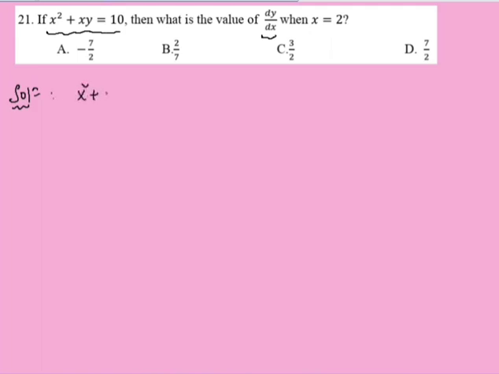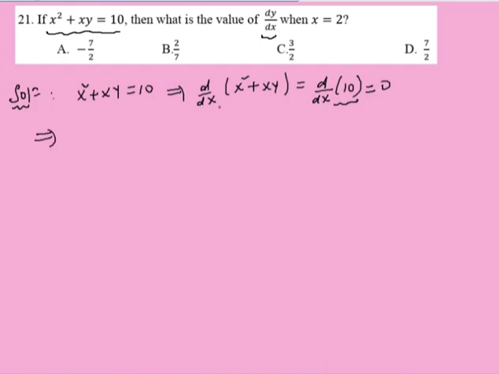Given that x squared plus xy is equal to 10, we can take d by dx on both sides. The derivative with respect to x on both sides, but the derivative of a constant number is 0. Therefore here it becomes d by dx of x squared plus d by dx of xy is equal to 0.